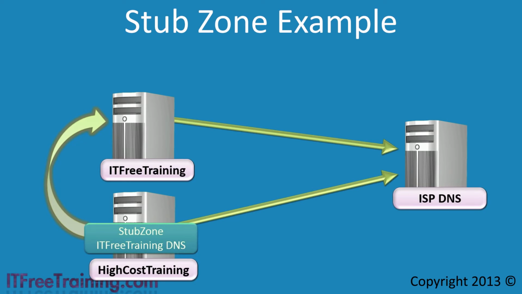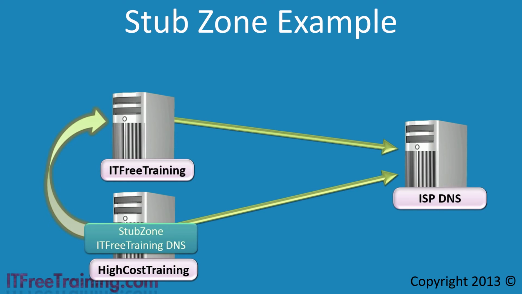You can do this using conditional forwarding as shown in the conditional forwarding video. The disadvantage of conditional forwarding is that it is statically defined. If IT Free Training makes changes to their DNS, for example, adding or removing DNS servers, the conditional forwarder will need to be changed in order to reflect this change.